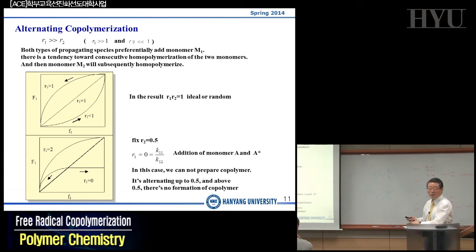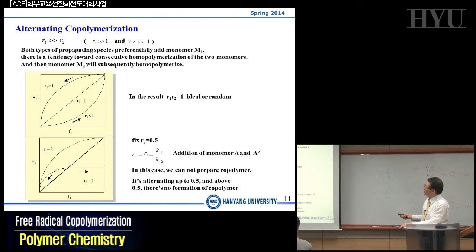If R2 is much smaller than 1, we also have alternating tendency as well. But since R2 is not equal to 0, but about 0.5, you may have a little bit more of the second component in your copolymer systems, but because R2 is approaching 0, I think we have alternating copolymer in many of these cases.